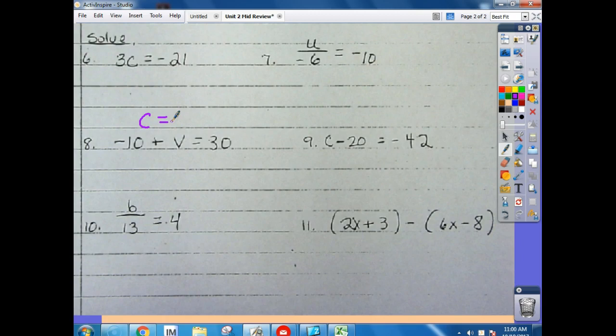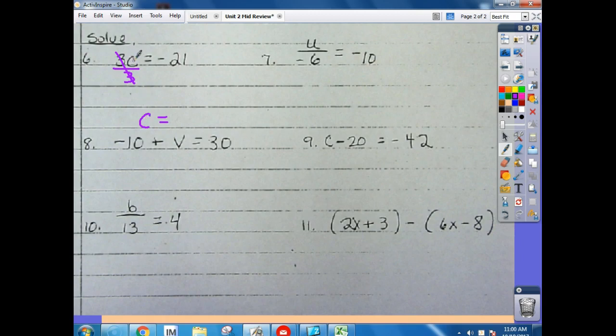What does c equal? The way that we do that is identify what's being done to the variable. In this case, it's being multiplied by 3. We can do the opposite operation to get right back to c. If you take a number, multiply it times 3, then divide it by 3, you just get right back to that number because those operations cancel each other out, leaving that variable by itself.